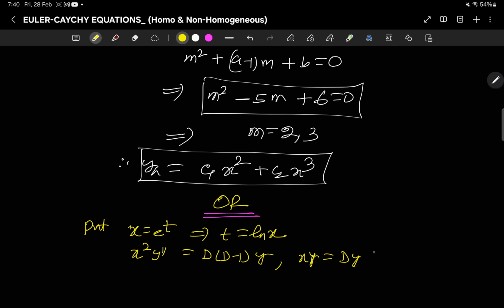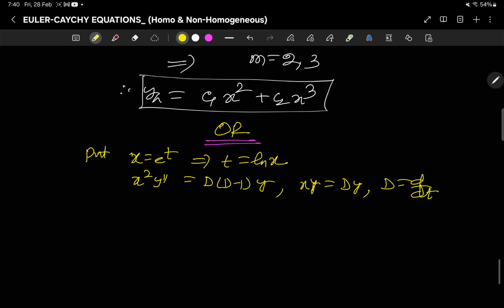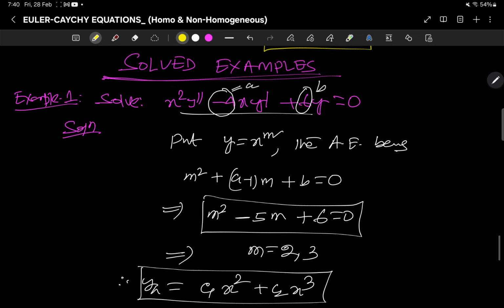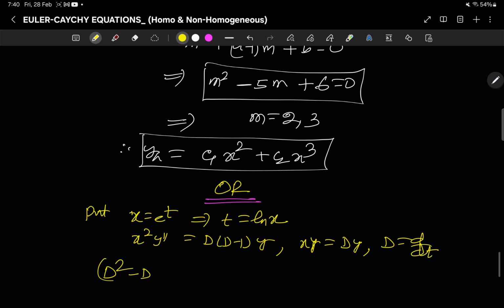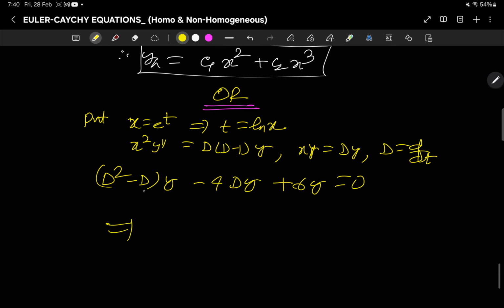If you substitute, where D is d by dt, it will be converted to D square minus D into y minus 4 Dy plus 6y is equal to 0. If you simplify it, it is D square minus 5D plus 6 y is equal to 0.